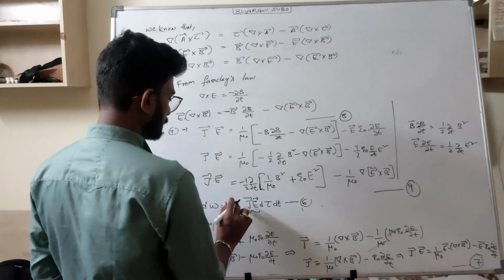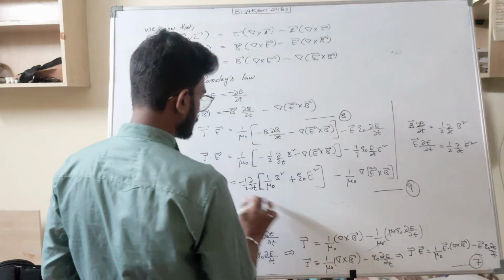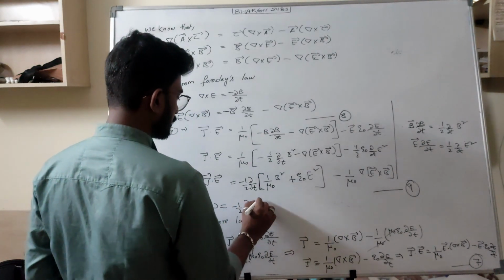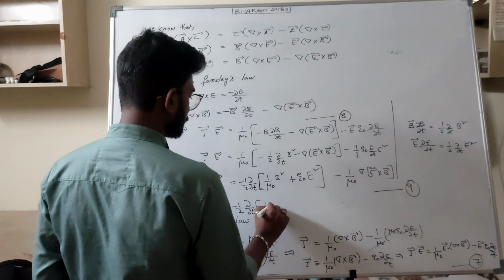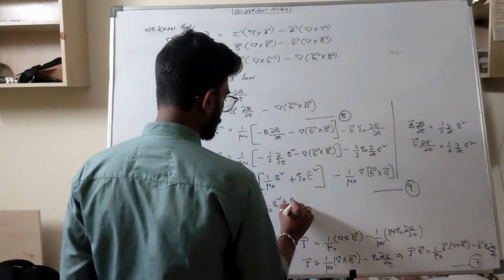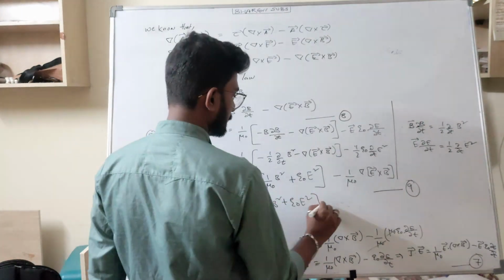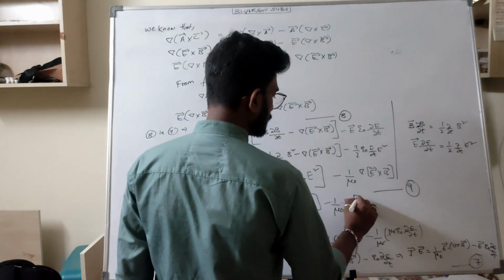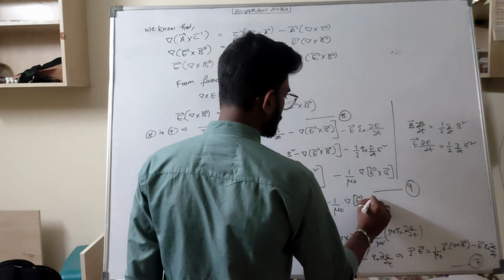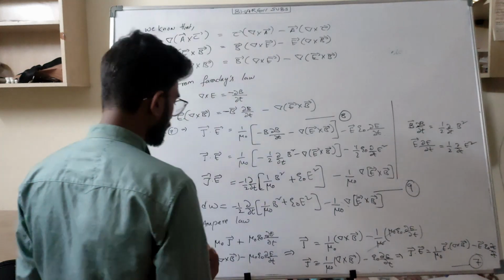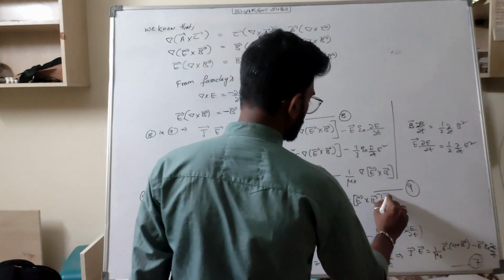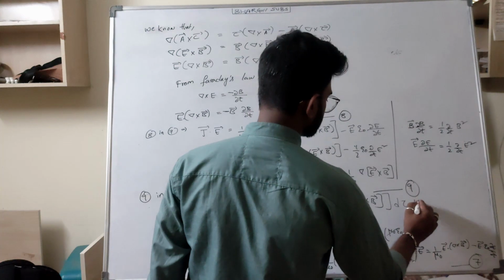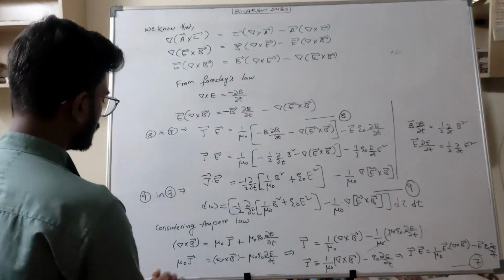I will write here: minus 1 by 2 ∂/∂t of 1 by mu naught B square plus epsilon naught E square, minus 1 by mu naught del of E bar cross B bar, up to here, okay, this whole into dτ dt. Correct, so I got that value.